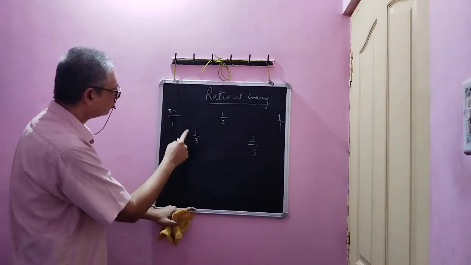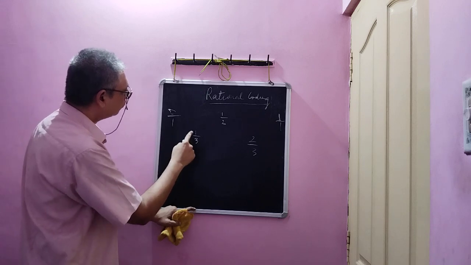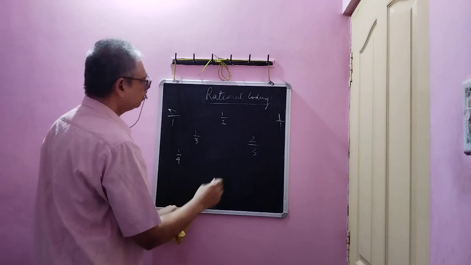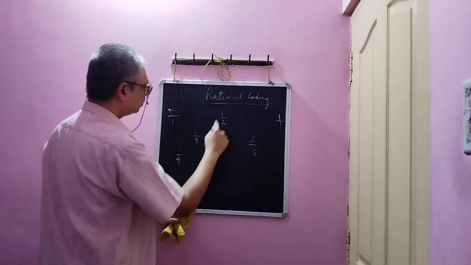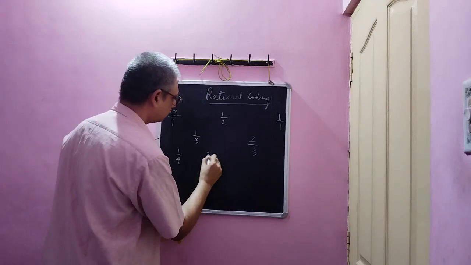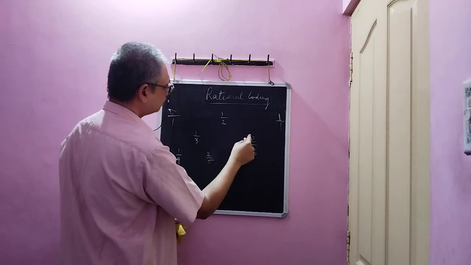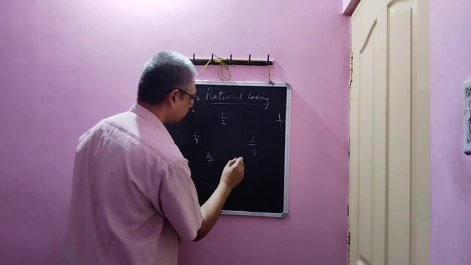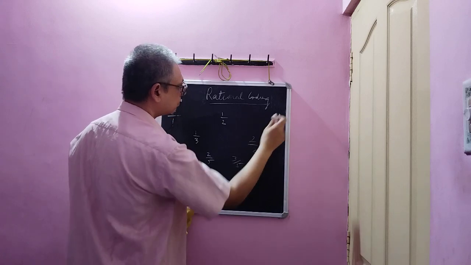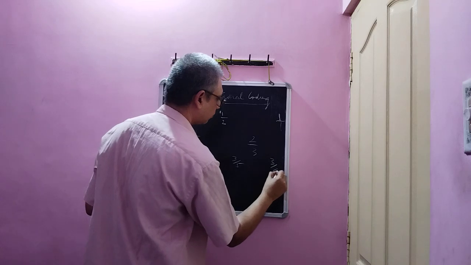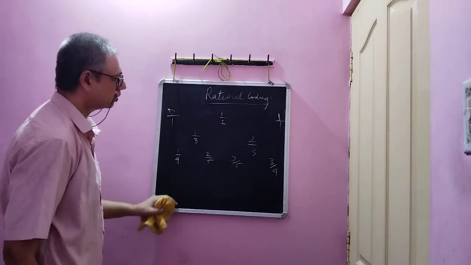Now its predecessor, 1 by 4. Its successor is this, 2 by 5. Its predecessor is this, 3 by 5. Its successor is this, 3 by 4. Okay, this is the third level.